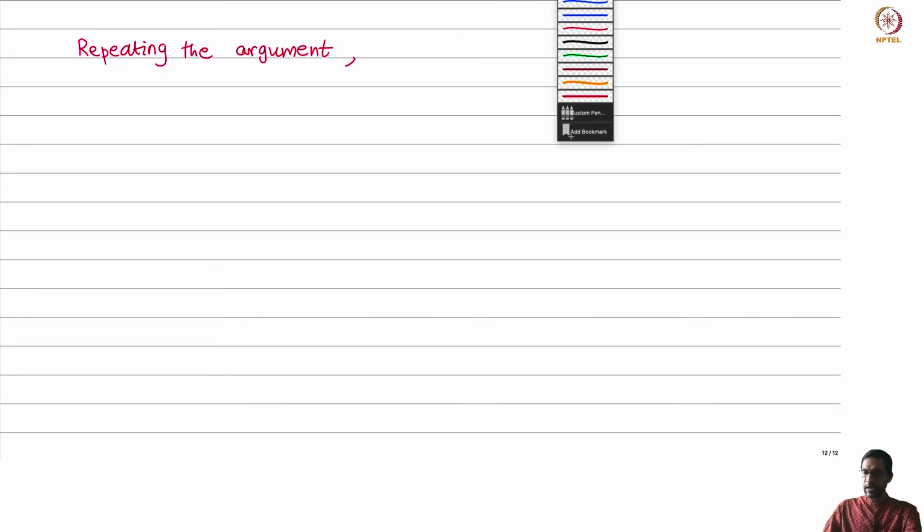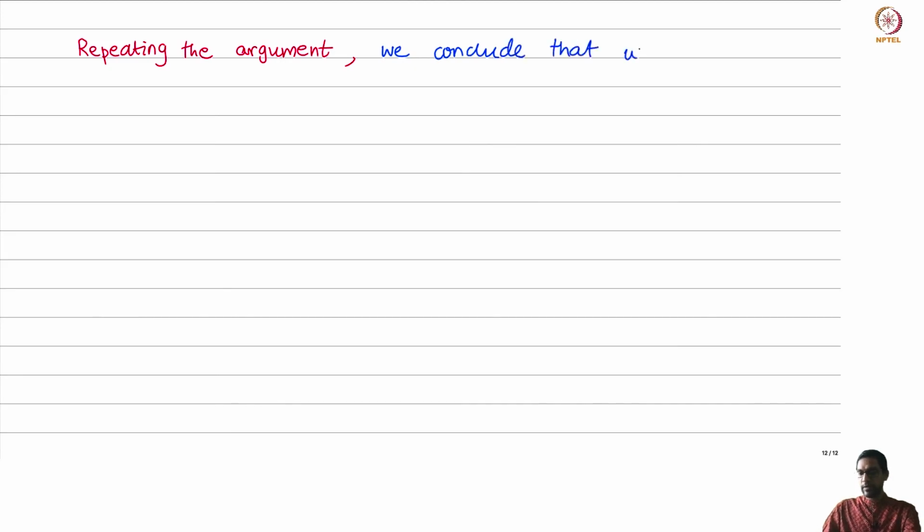So repeating the argument, here's what we conclude: that we must reach K, which is the entire splitting field, in at most n steps.